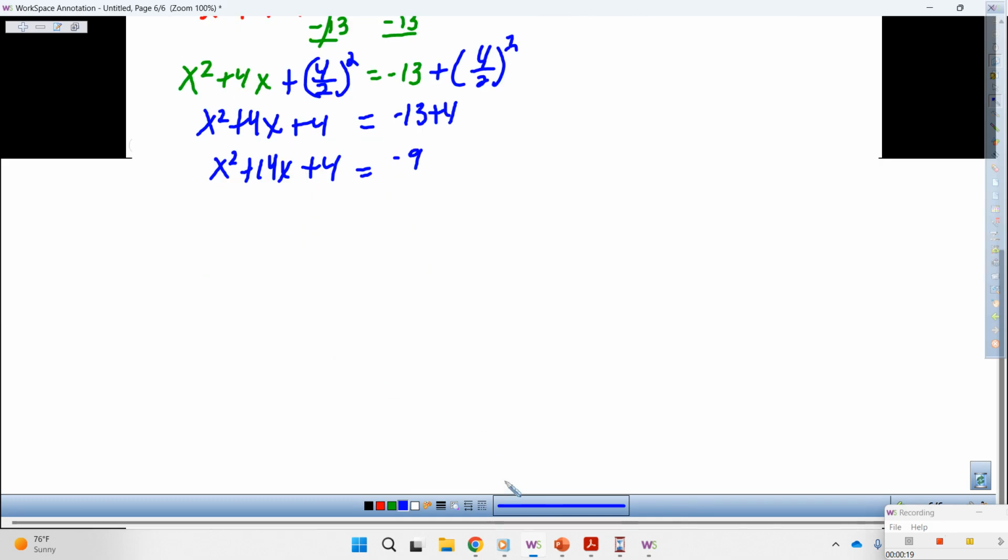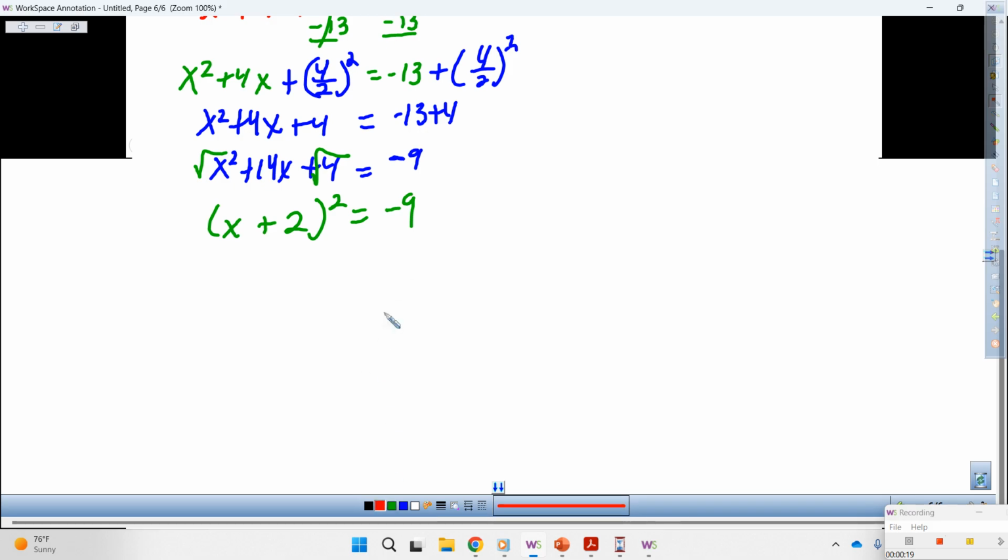What do we do next? Pass someone, Caitlin? Mario, how do we factor this? Shortcut. X, square root and square root. So we get what? Plus 2 squared equal to negative 9. So far, so good.